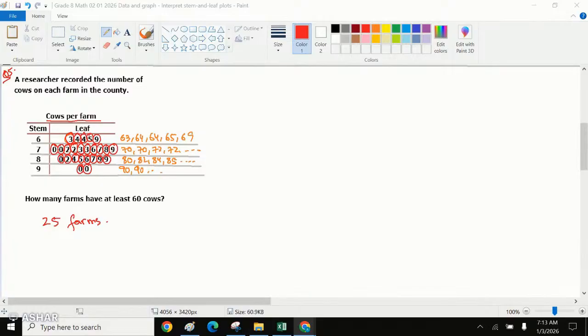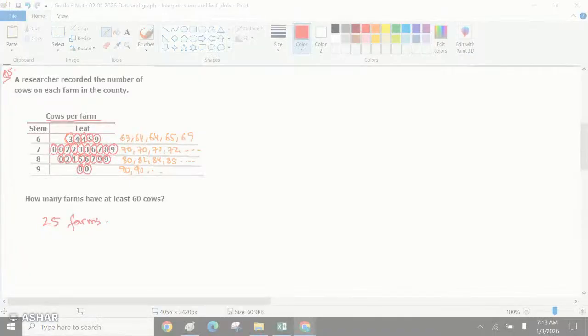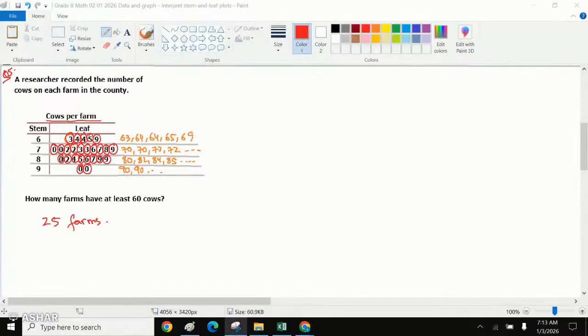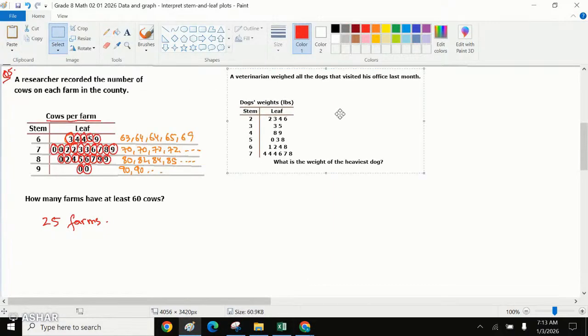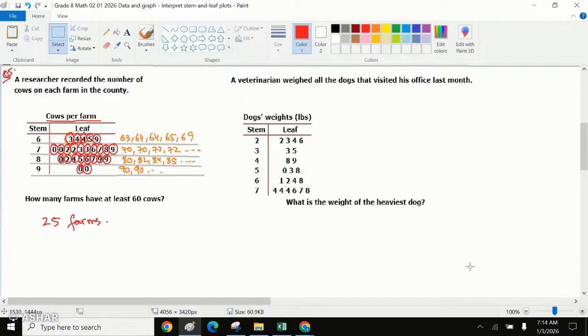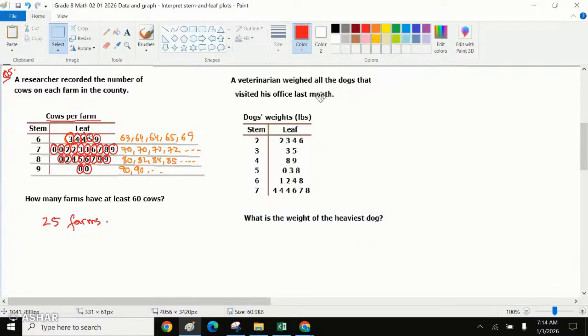Next question, please help me out. You give me the answer. I'll just copy the question. A vet weighs all the dogs. Okay, let's see, weight of the dogs. Just enlarge this. The vet weighs all the dogs that visited his office last month.